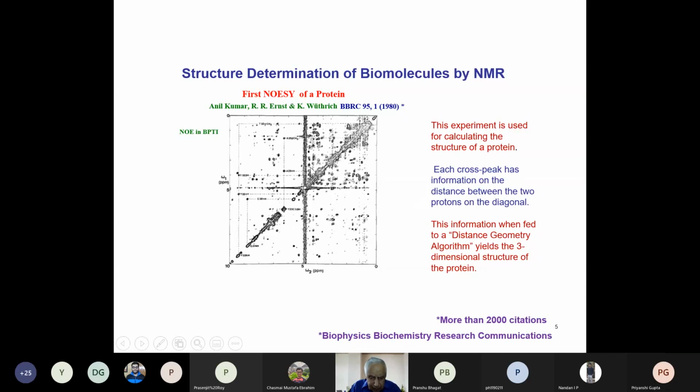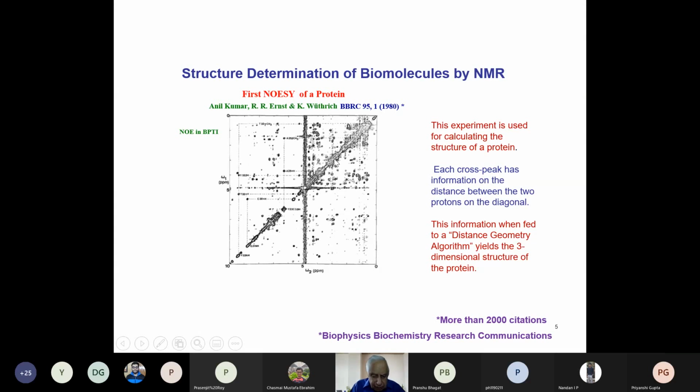What it is showing is that this is a two-dimensional spectrum, omega 1 and omega 2. Along the diagonal lies the normal one-dimensional spectrum of the protein, and each cross peak here is an indicator of the distance between this proton and this proton on the diagonal.